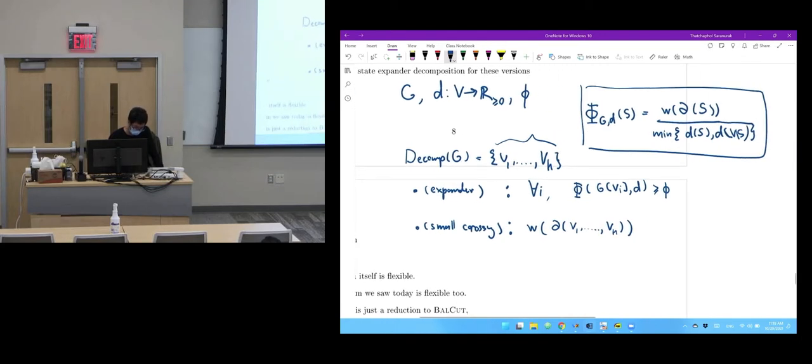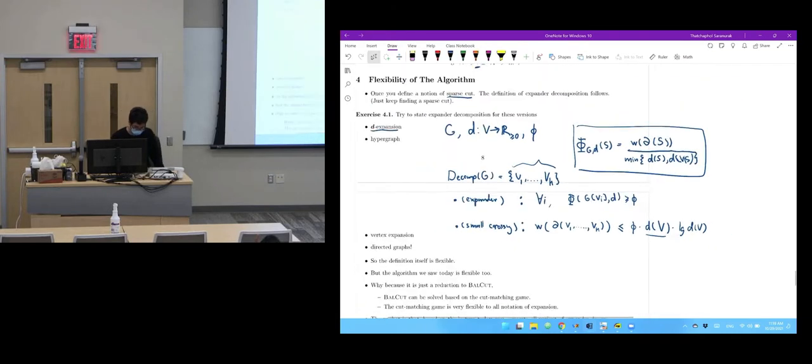This should be something like 5 fraction times the total demand here times log of dV. Okay.